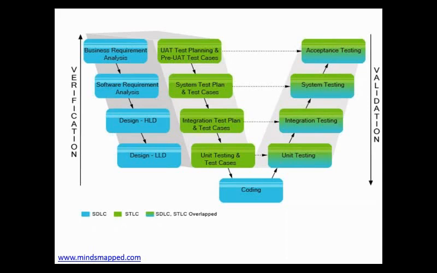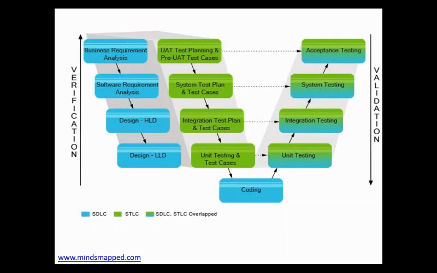This model is called the V-shape model, the software V model. At the end, coding comes, and the coding part is common to both SDLC and STLC.